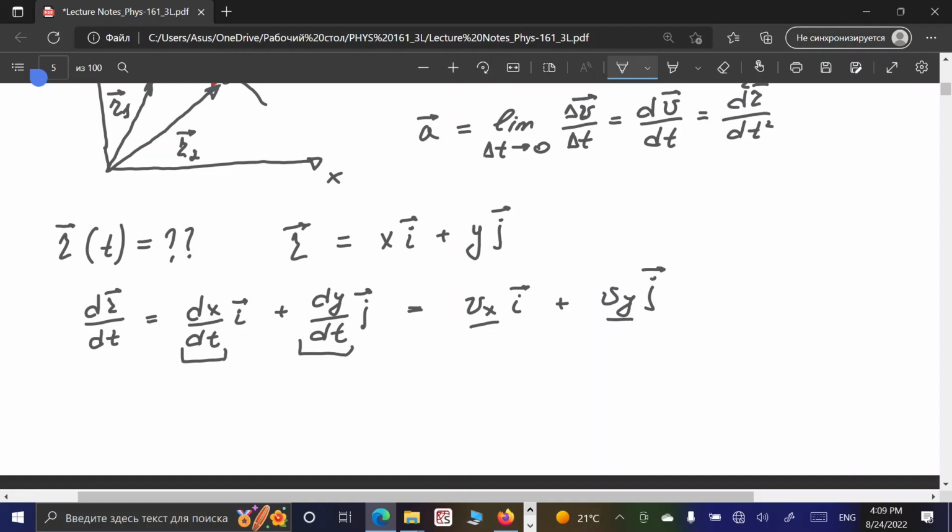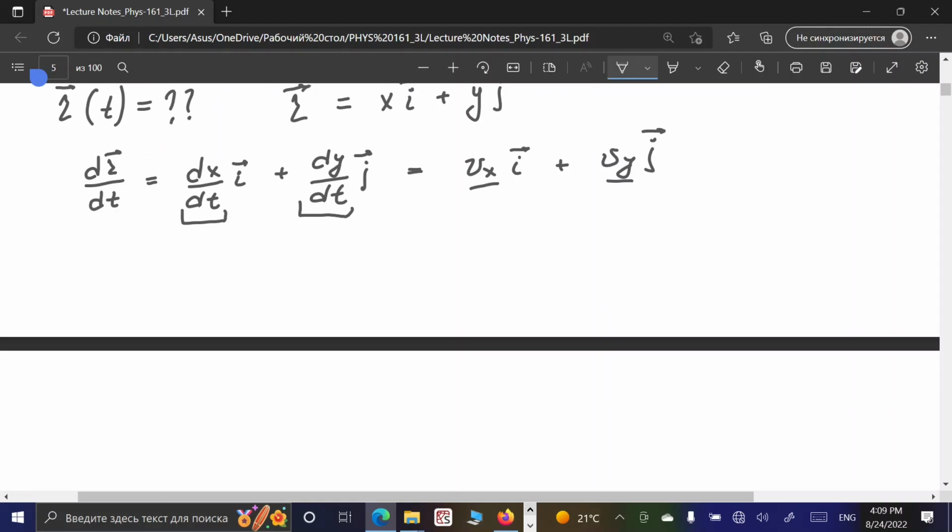So for this vx and vy, we can write that vx is equal to vx naught, some initial value for this x component of the velocity vector, plus ax times t. And here will be vy equal to vy naught plus ay times t.